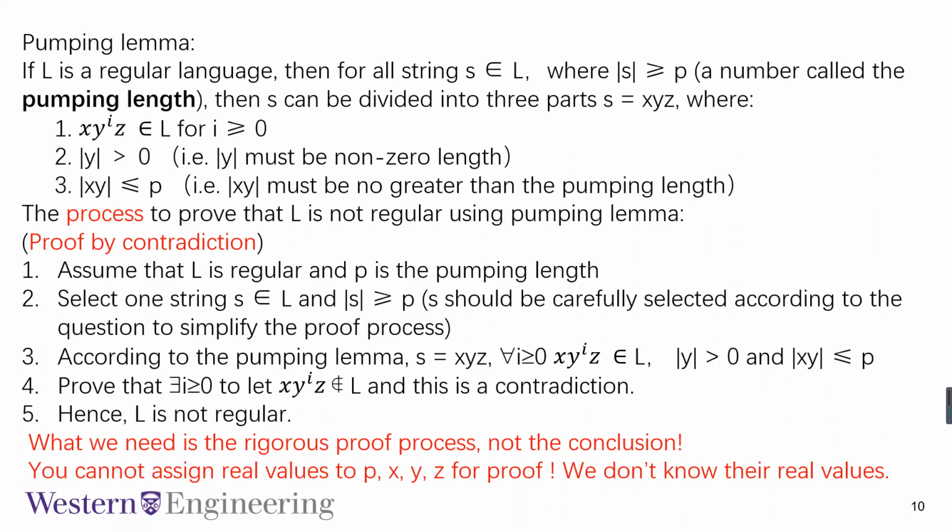I need to emphasize that what we need is the rigorous proof process, not just the conclusion. A common mistake made by students is to assign real values to P, X, Y, Z for the proof, for example, assigning P to be 2 or 3.